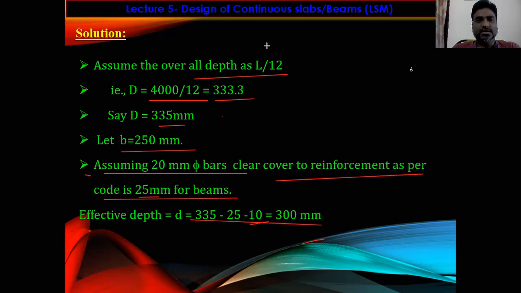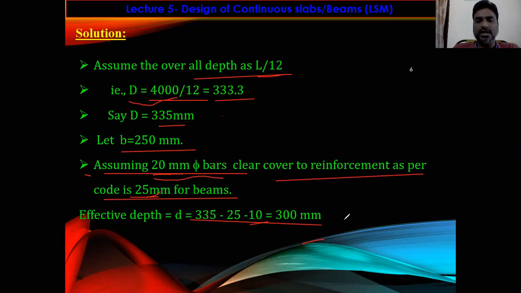right? So you can assume effective cover directly, no need to assume clear cover separately or the diameter of the bars. I simply assumed in a different way, which doesn't mean that you need to follow only this. You can directly assume that L by 12 is the effective depth and assume effective cover is, let us say, 50 or 48, and calculate the overall.